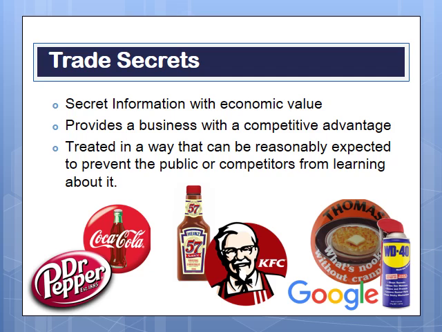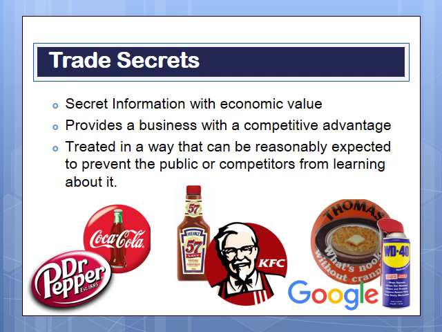So all of these companies that you see here, all of these logos, have some kind of trade secrets. Some of the most famous are Coca-Cola, of course, their secret ingredient has been kept in a vault for hundreds of years. Dr. Pepper actually has ingredients in it that they've never told anybody. Nobody knows what the 57 ingredients in Heinz 57 are.